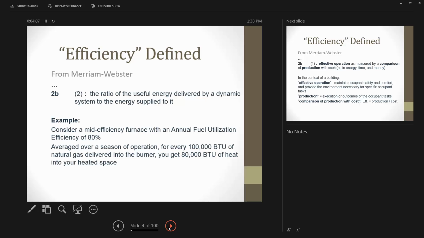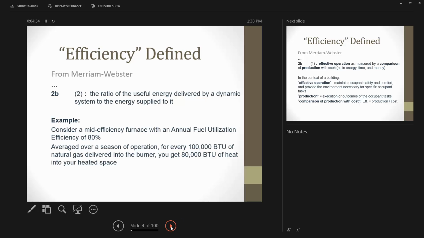The second definition of efficiency, the ratio of useful energy to the energy supplied to it, is relevant when we talk about systems and components, like air handlers and motors and boilers and gas furnaces. We talk about efficiency in this concept. So how much fuel and how much energy goes in to how much energy comes out.